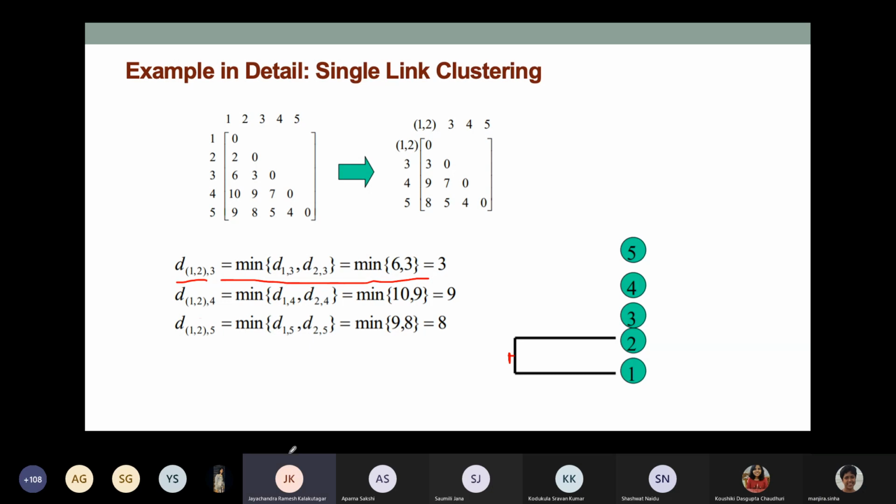Ma'am, but while defining single link, we took the maximum. Yes, that was the confusion I also had initially. While defining single link, we take the closest pair.